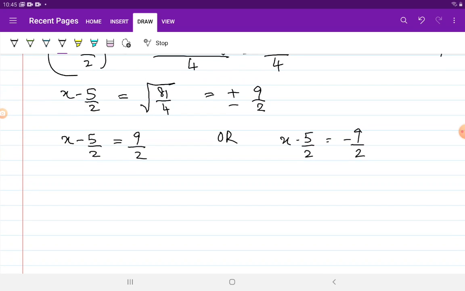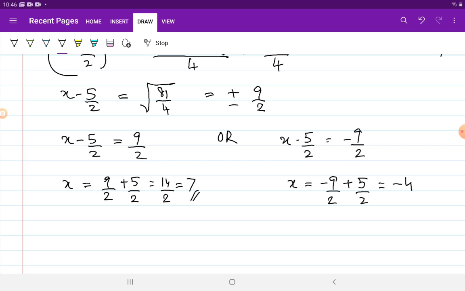Solving both, I will get x as 9 by 2 plus 5 by 2, which is 14 by 2, 7. And over here I'll get x equals minus 9 by 2 plus 5 by 2, which is minus 4 by 2, minus 2. So these are the two roots that you have arrived at using the completing the square method.